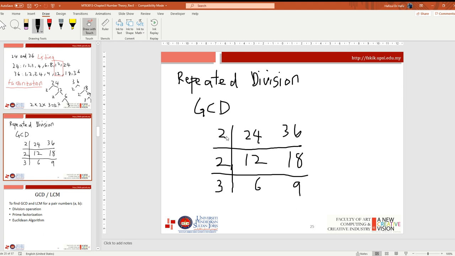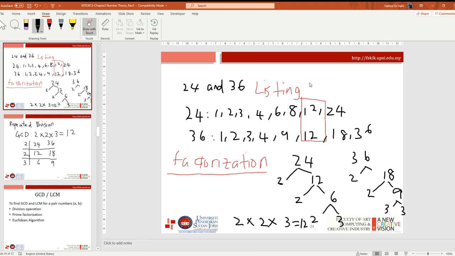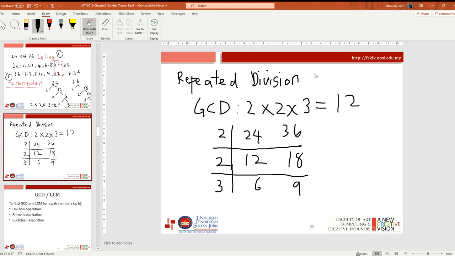Then the GCD is 2 multiplied by 2 multiplied by 3, which is equivalent to 12. So we have three ways. First, we go by listing. Secondly, we go by factorization. And number three, we go by repeated division.